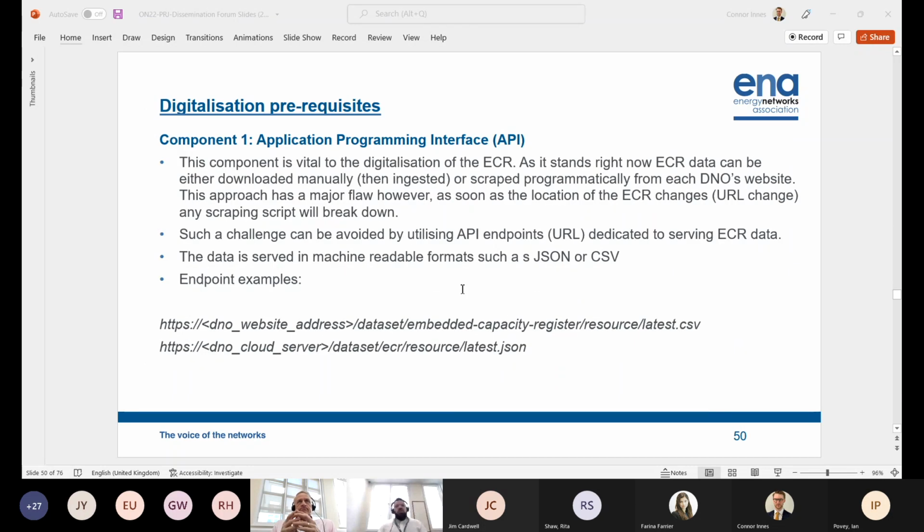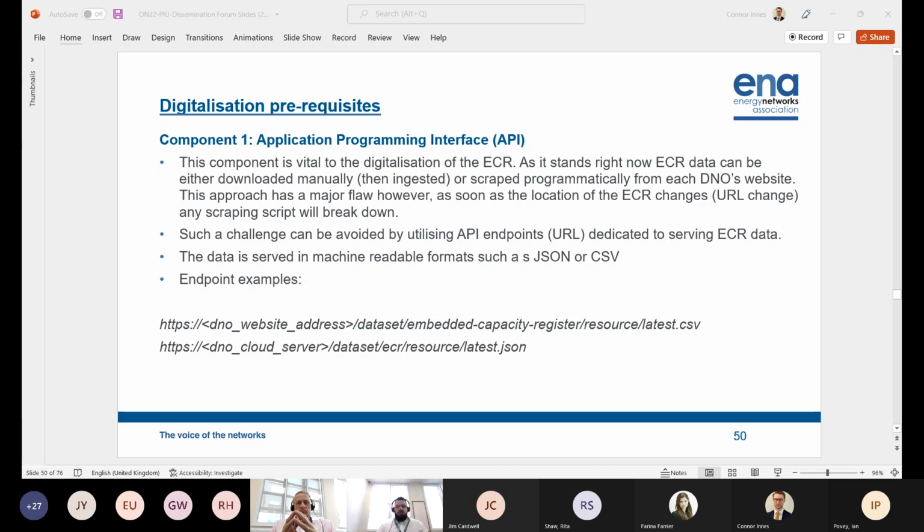So in terms of digitalization, we see there are a number of prerequisites that will be the foundation for digitalizing the ECR, and these are broken down into a number of components. The first one is the application programming interface, what we will refer to as the API going forward.